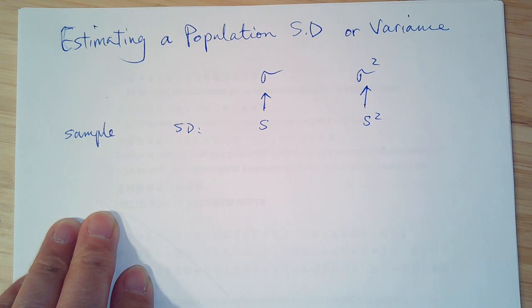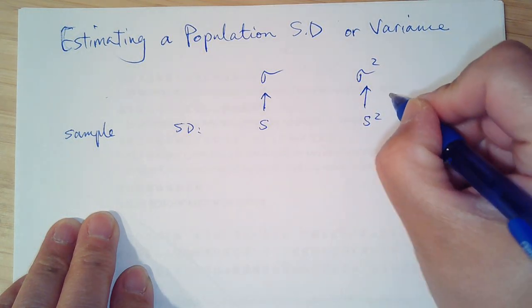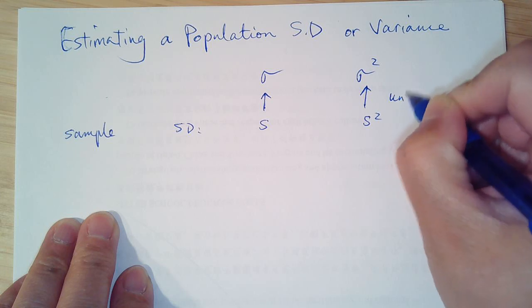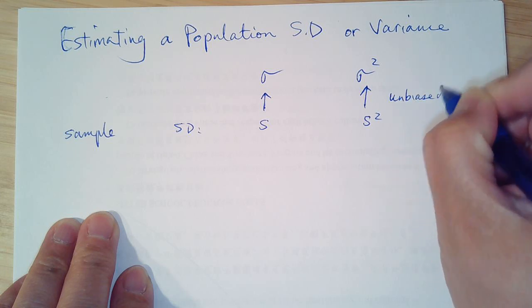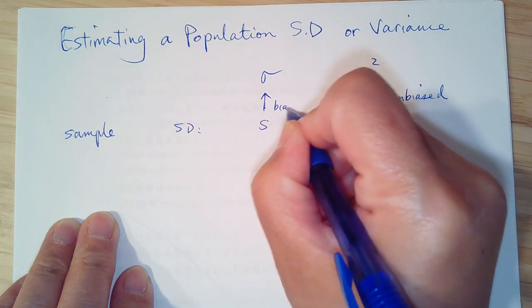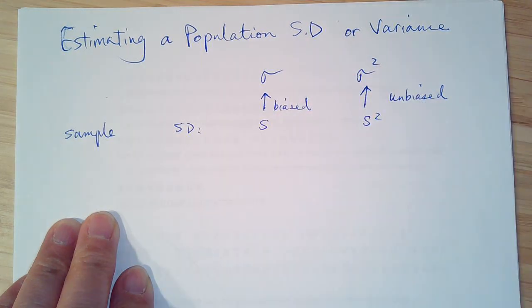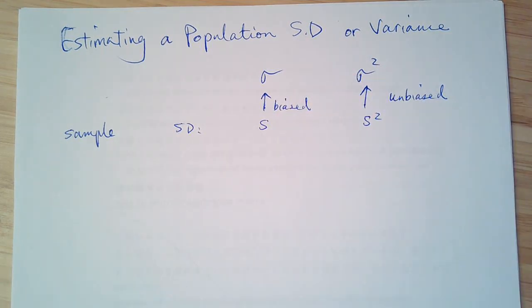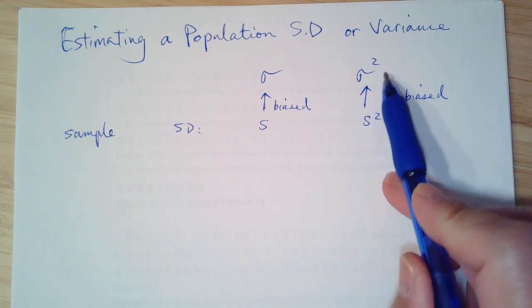The only difference is, I don't know if you remember that, this is unbiased, and this is biased, but there's nothing else we can do, right? And that's it. So the sample variance S squared is the best point estimate of the population variance, sigma squared.